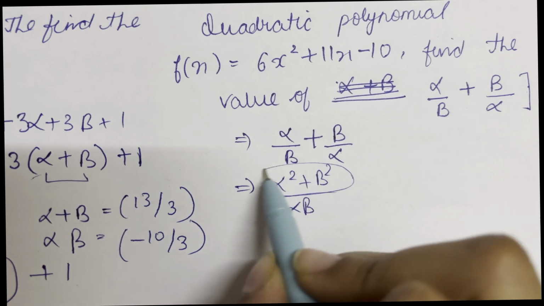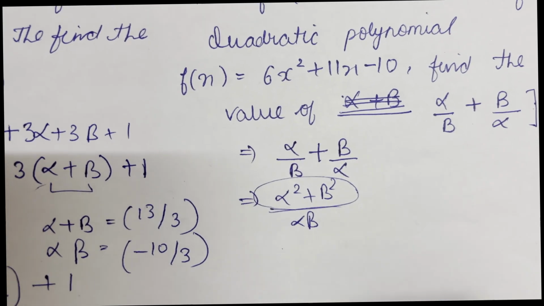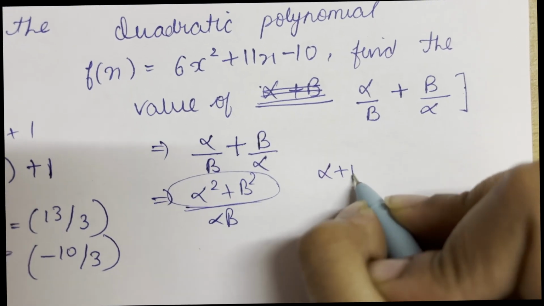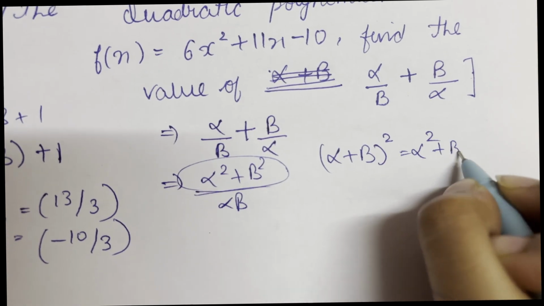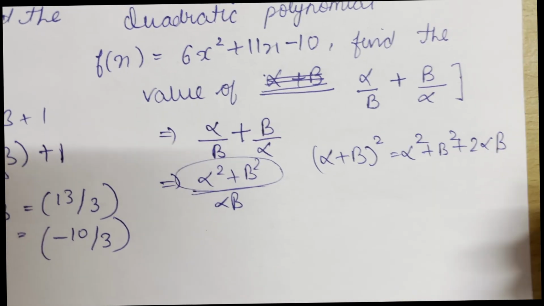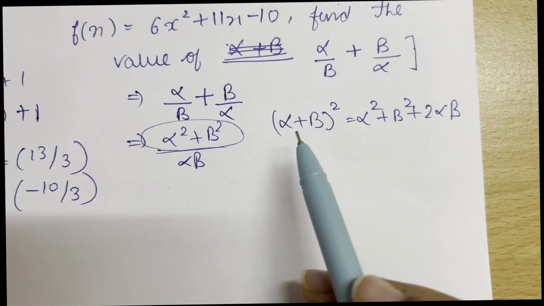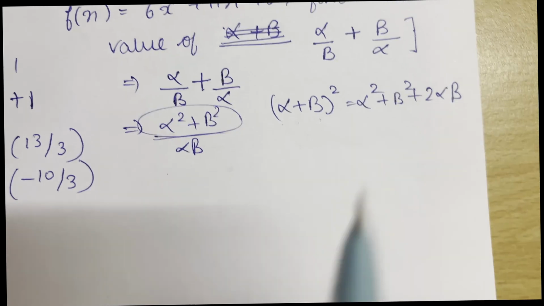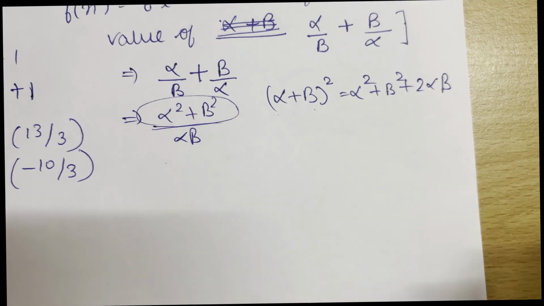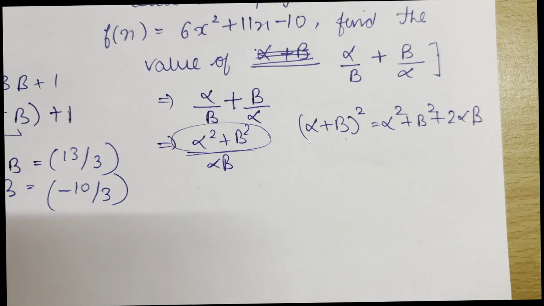Now to solve this value, we will use the identity alpha plus beta whole square equals alpha square plus beta square plus 2 alpha beta. And if you assume alpha plus beta whole square equals alpha square plus beta square, you are absolutely incorrect. I have also mentioned it in the starting of this video.